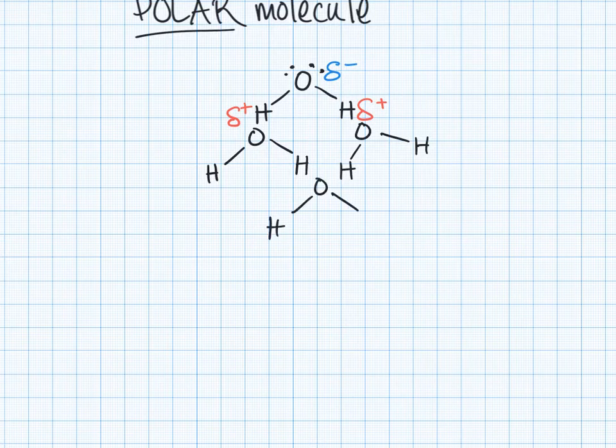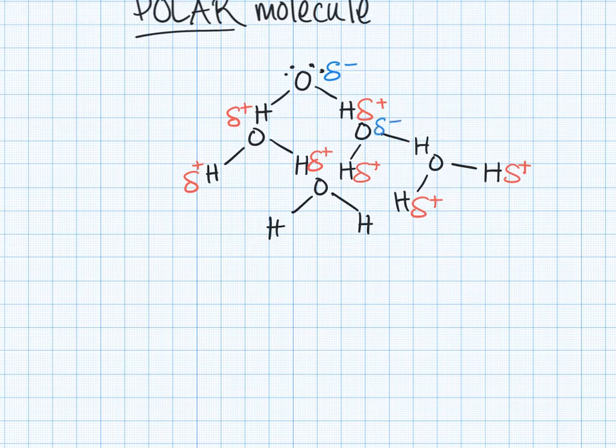And then another one. And we can draw many more water molecules. Okay, why is that? Because the partial positive ends of each water molecule are interacting with the partial negative end of the water molecule.